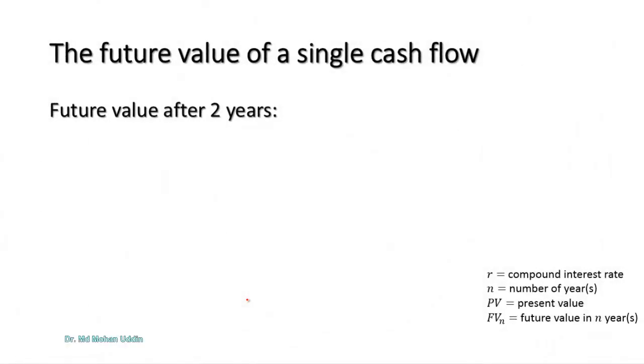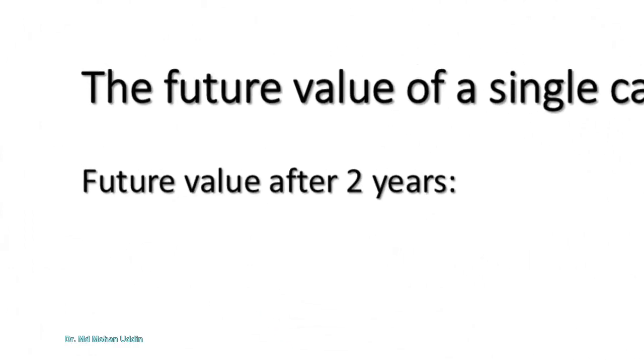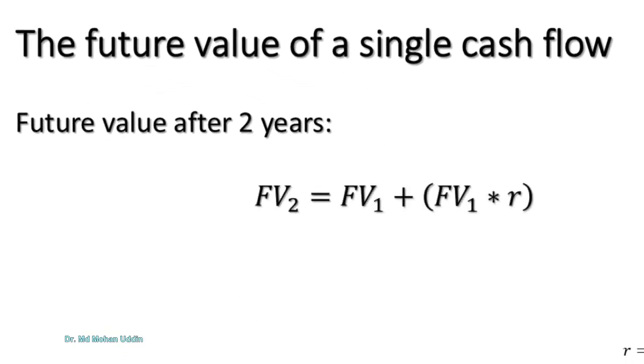So now let us find the future value after 2 years. For 2 years, the notation for the future value will be FV2. In that case, FV2 should be equal to, okay, now we are not starting from PV, we are starting from FV1. If FV1 is the value in year 1, then FV2 is the value in year 2.